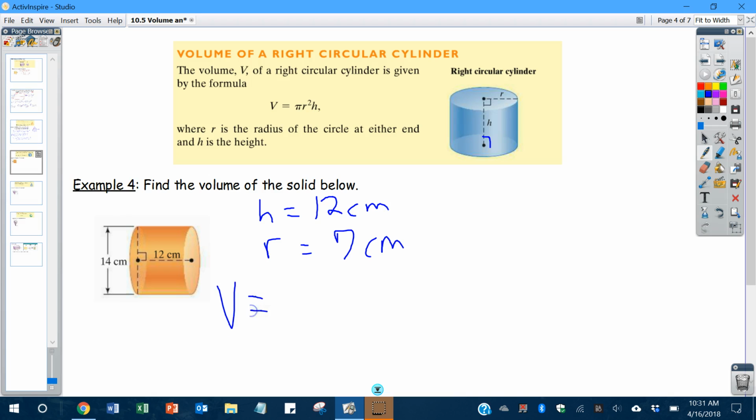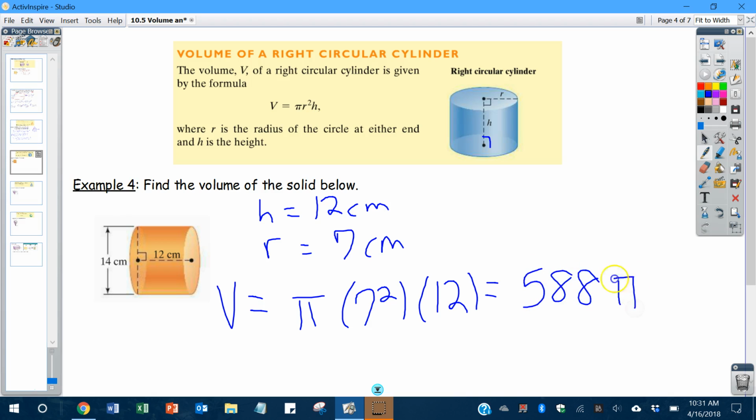So then the volume is going to be pi times 7 squared times 12, which, if we wanted to be precise, we could write as 588 pi centimeters cubed, or we could approximate it by doing 588 times pi and getting 1,847, and I'll round to maybe 2 decimal places.